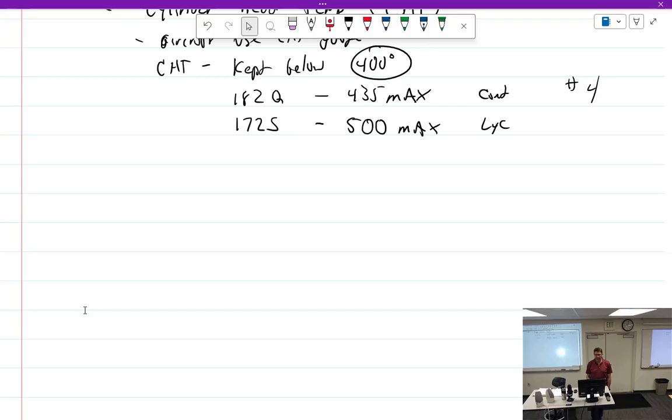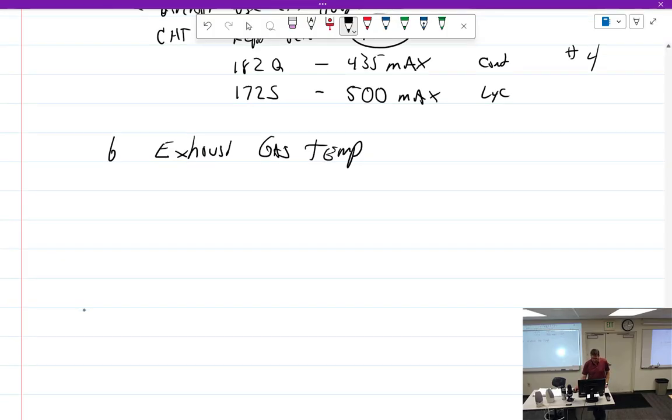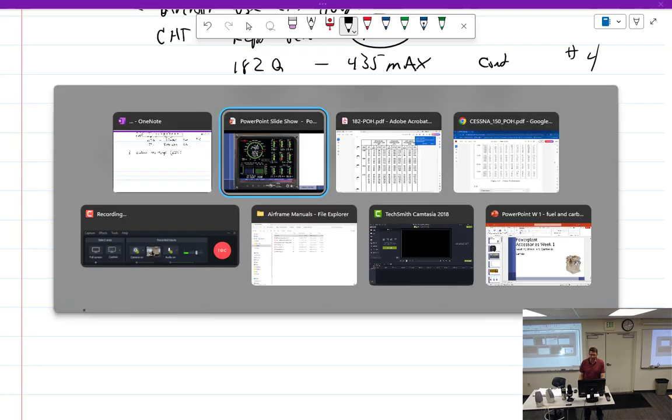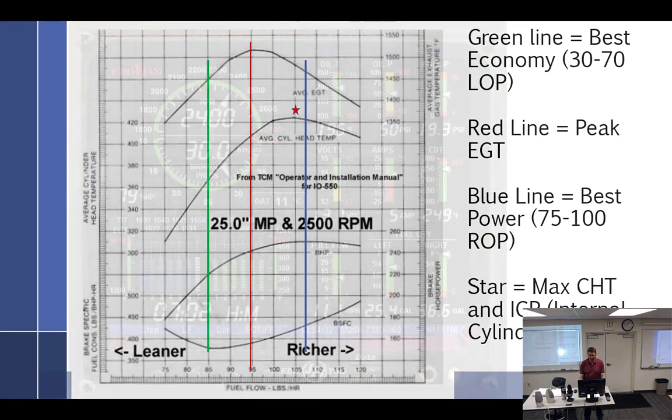Let's see. Okay, then we have the EGT, exhaust gas temp. Unlike CHT, EGT is almost an irrelevant number.